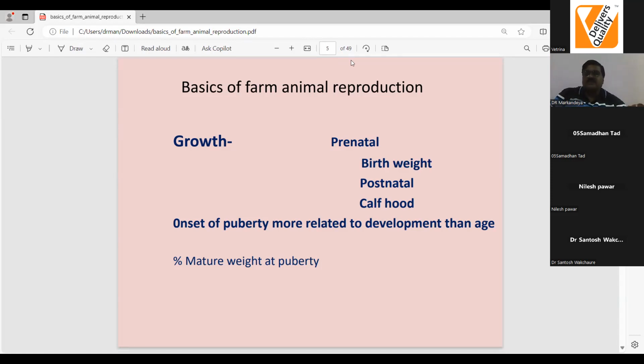Number one, growth hormone level stabilizes. When the growth hormone level declines, this is the first signal for puberty.